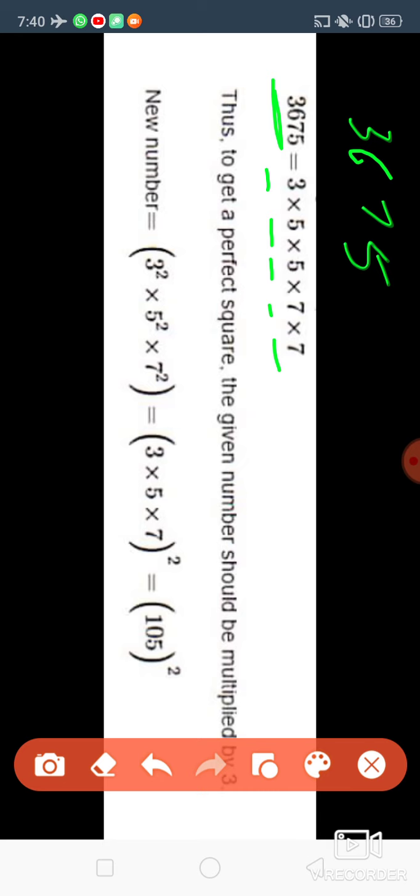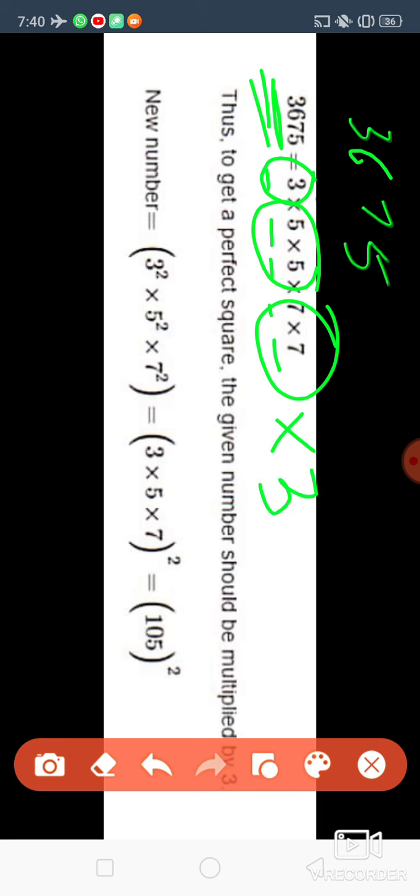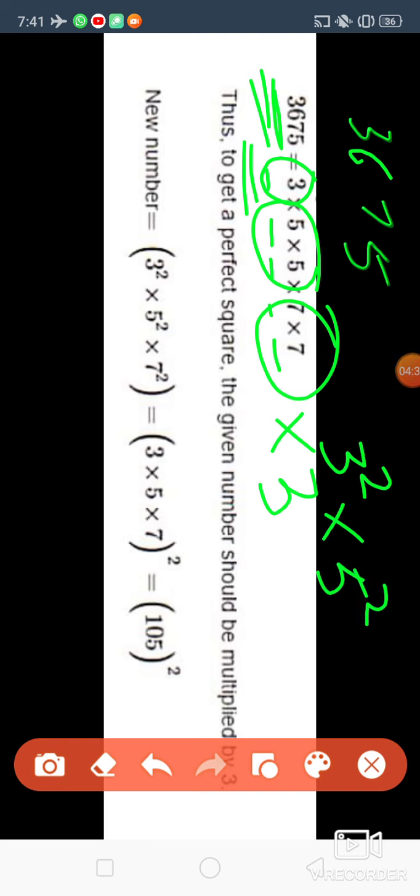5 into 5 is 5 square, and 7 into 7 is 7 square, but 3 is not in square, so this is not a perfect square. If we multiply by one more 3, then we get 3 square into 5 square into 7 square.